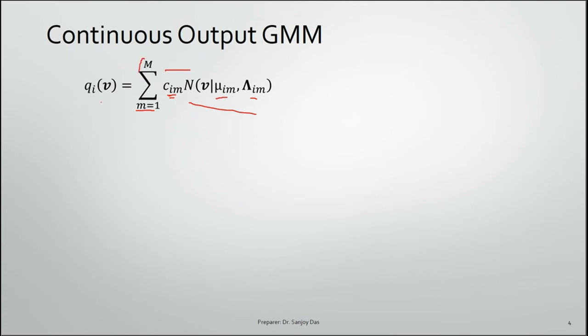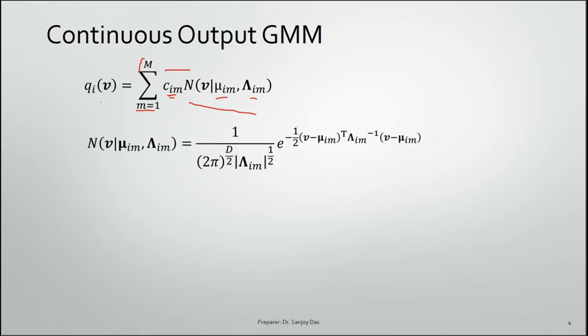We assume that for each state I, the total number of Gaussians remains the same. And of course, N of V given mu_im, lambda_im is the usual expression for the Gaussian distribution.